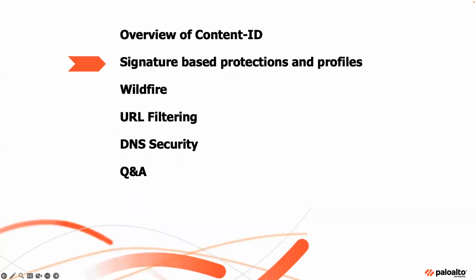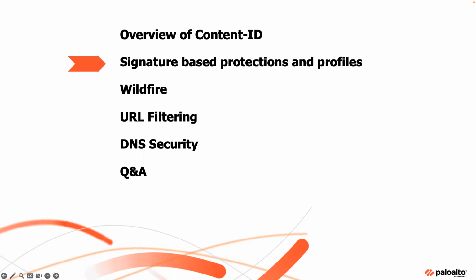So we can kind of break our protections into about 4 different families. Our signature-based protections. So these would be known exploits, known viruses, known spyware, known attacks. And we'll talk about those in a moment. We have WildFire, which is for zero-day and unknown stuff we've never seen before.